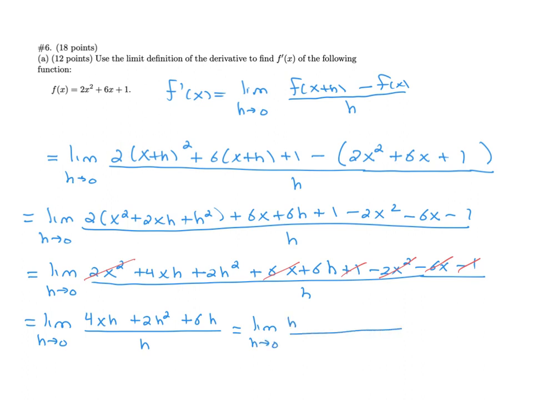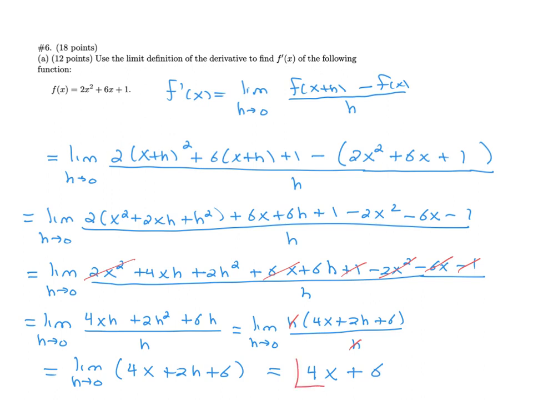And that gives us h times 4x plus 2h plus 6, over h. Those cancel. This is the limit as h goes to 0 of, actually just 4x plus 2h plus 6. If you put 0 into all of the h's, only 4x plus 6 is left over, and that is the answer.